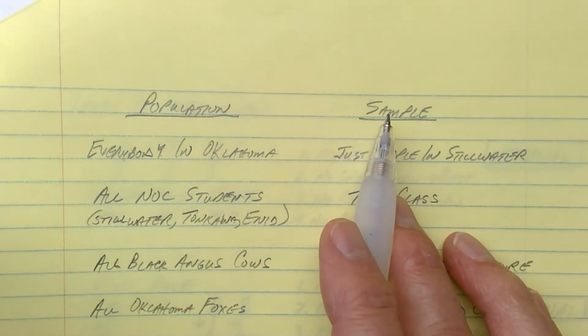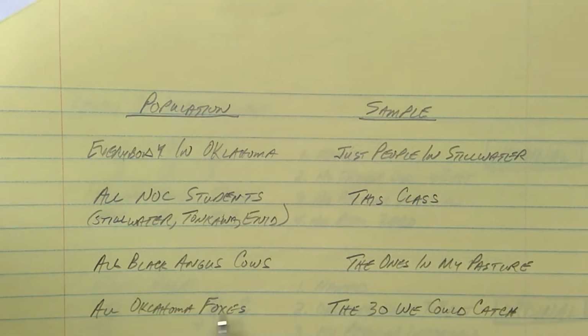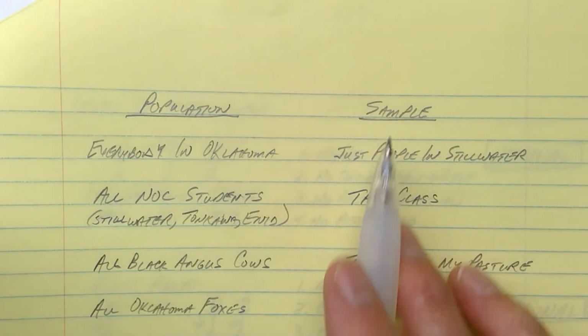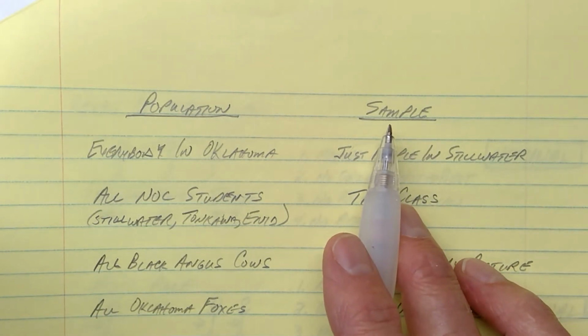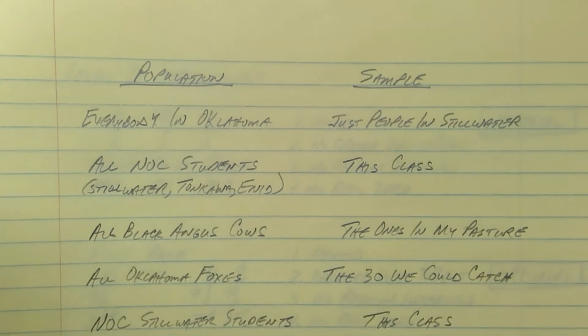So what we do is we just take a sample, a subset, and maybe it's just the 30 that we could trap, the 30 that we could catch, all right? We'll call that our sample. No, we didn't measure every fox in the population, but we measured the 30 that we could catch.